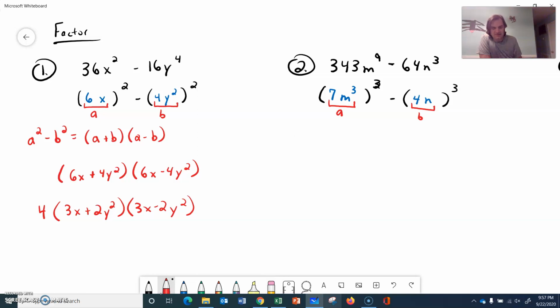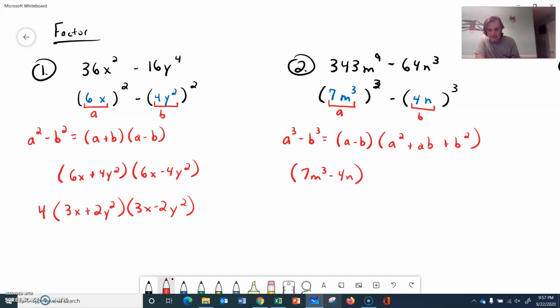So writing out the difference of cube formula, so we'll see how to put it together, is a cubed minus b cubed equals a minus b times a squared plus ab plus b squared. So I know it's lengthy, and we've got a lot of terms here, but if we follow the template, it'll work out. So a minus b, that'll be 7m cubed minus 4n.